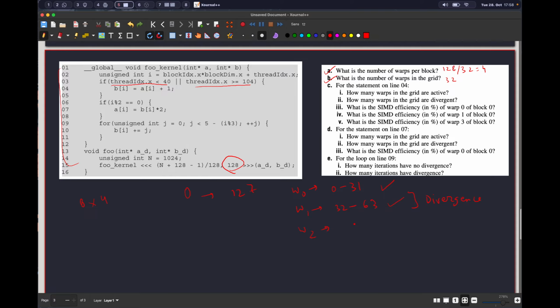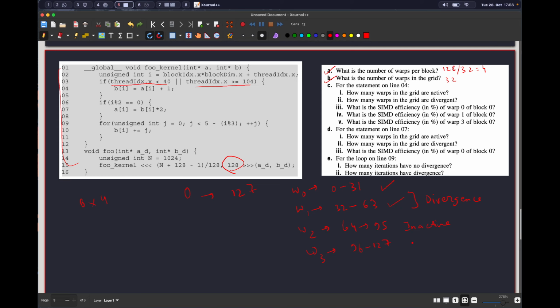Warp 2 will be 64 to 95. I hope that is correct. This whole warp will be inactive for line 4 because it is outside the condition. Then warp 3 will be 96 to 127.